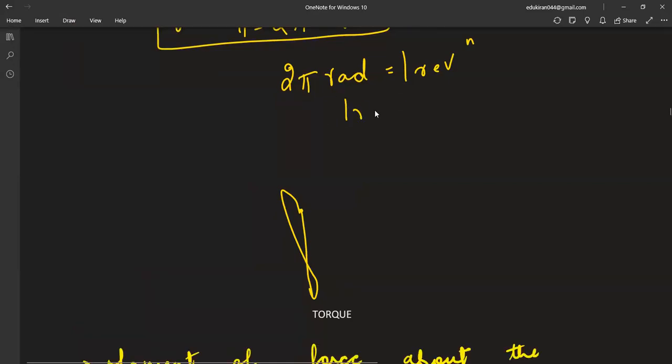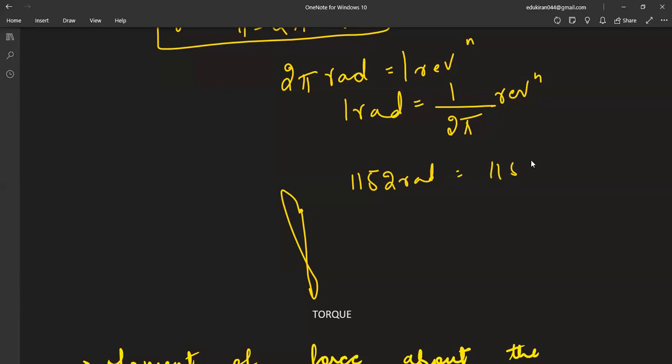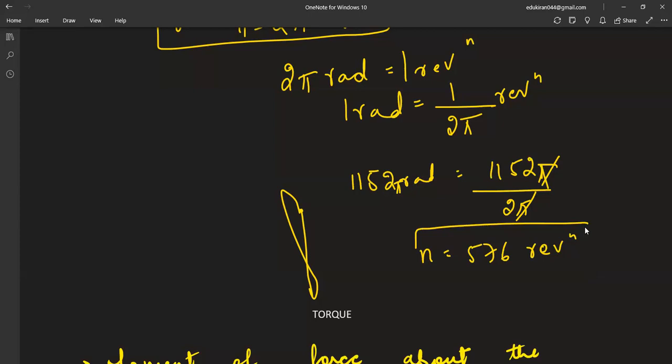One radian is equal to 1 by 2 pi revolutions. So what is the number of revolutions for 1152 radians? Just multiply it. So 1152, pi was also here, no? Pi divided by 2 pi, so pi will be cancelled. Number of revolutions becomes 576 revolutions.